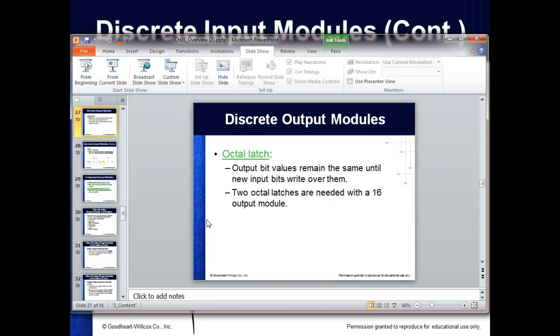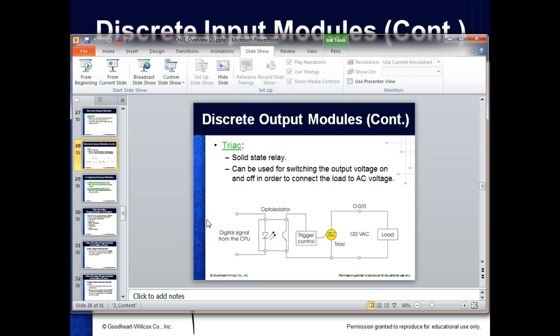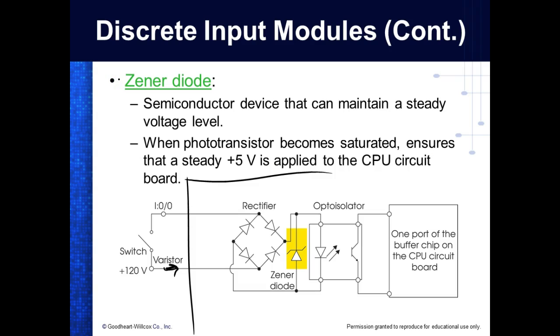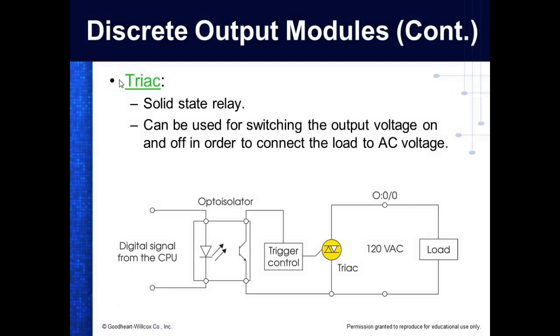This divides the sections up. I don't know what they mean by an octal latch. This is an AC output right here. It uses a semiconductor called a triac. And what it does is allow a triac, we can trigger it with DC. And some people call these solid state switches.